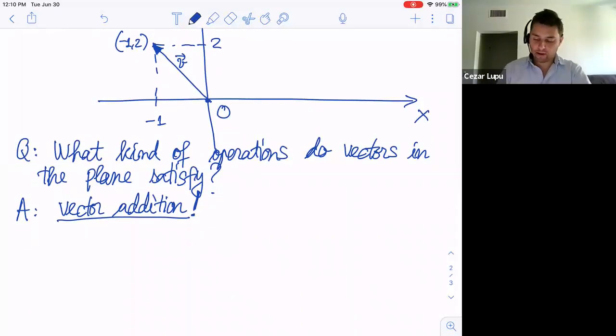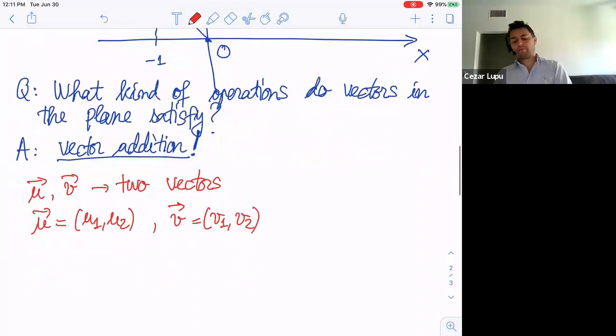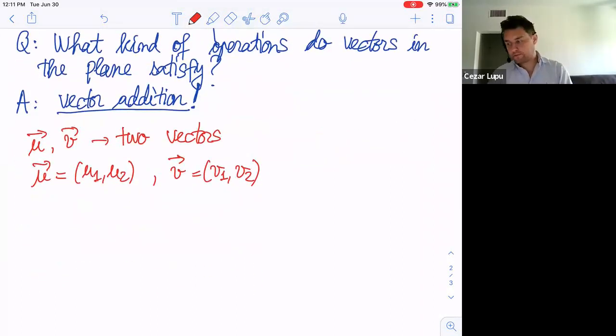Suppose I have two vectors, let's say u and v. Let's suppose that u is of coordinates u1 and u2, and v is of coordinates v1 and v2. Okay, so these are the vectors.